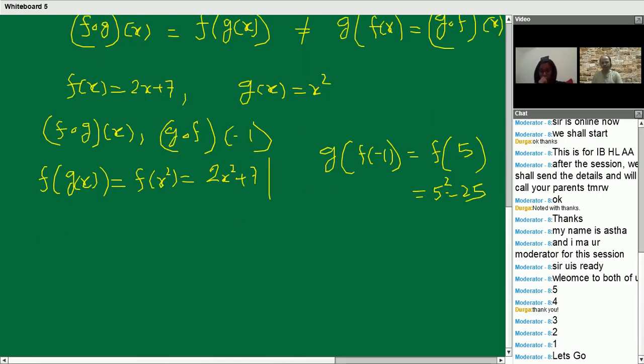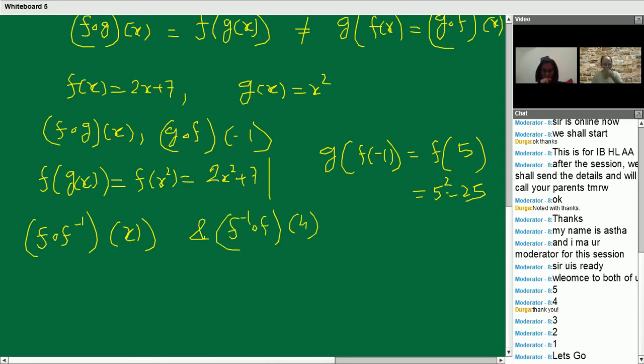Now my question to you, for the same function, what would be the value of f of f inverse x and f inverse f of 4? If you want, you can scroll up to see the inverse function, which you have already got.